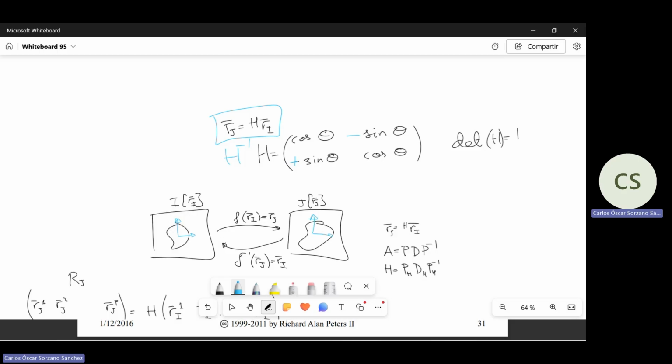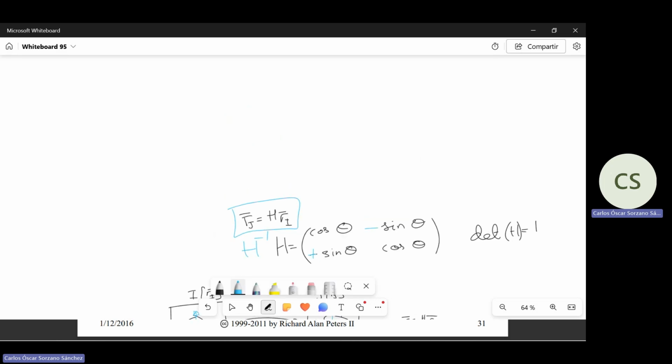If it is not rotating around the center of the image, we already know the trick. What we have to do is to center the coordinates. So let's say that our coordinates are not centered. I will take the 0 coordinate in the J space, and this will be C. These coordinates are not centered now.